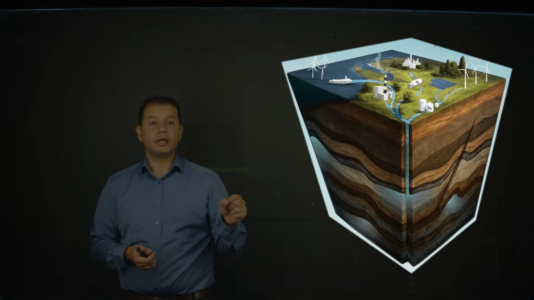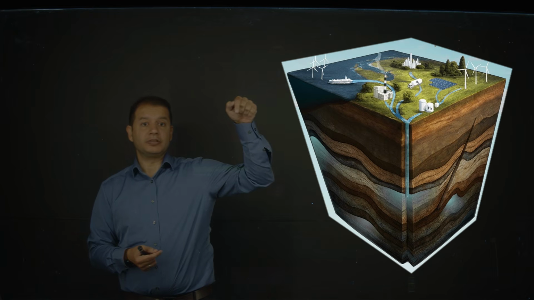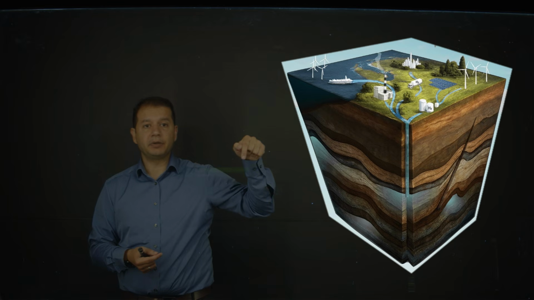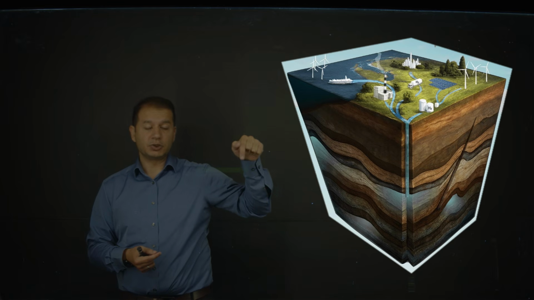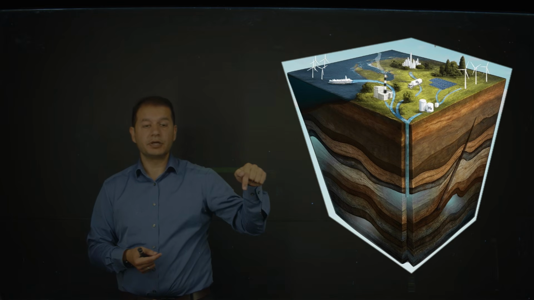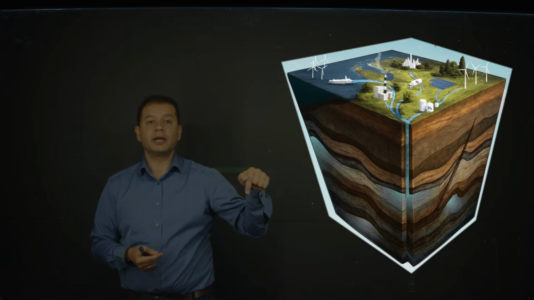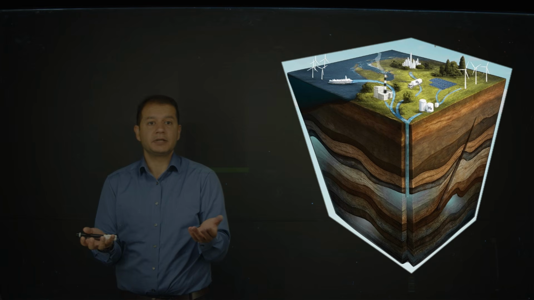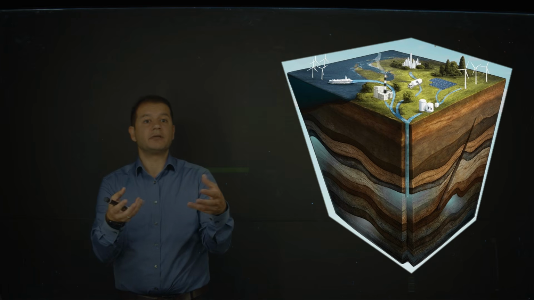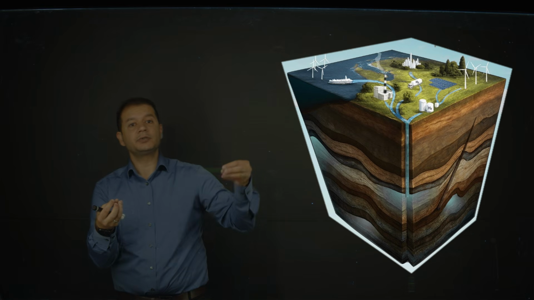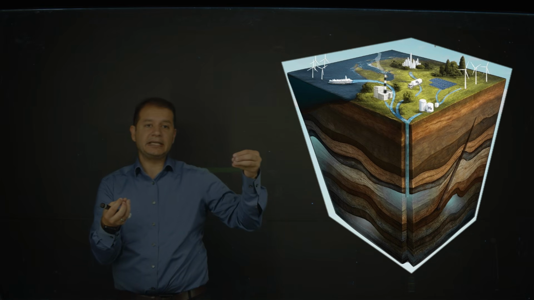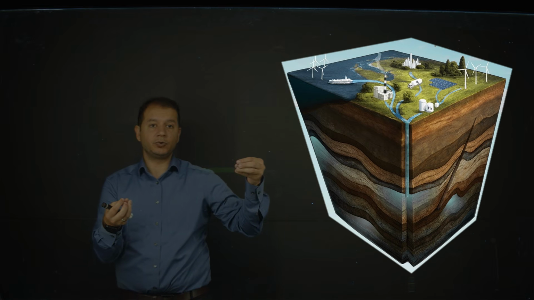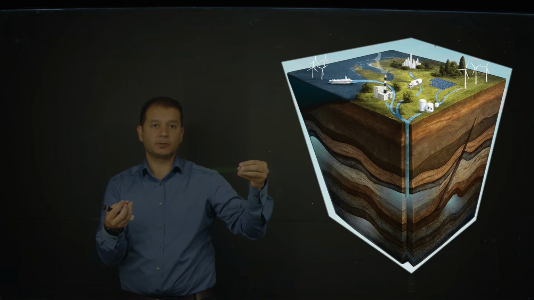Or, if we go deeper and deeper in these geological reservoirs, you get warmer and warmer environments. And if you find a reservoir with warm water there, you can produce it and extract heat from it. This is called geothermal energy extraction.